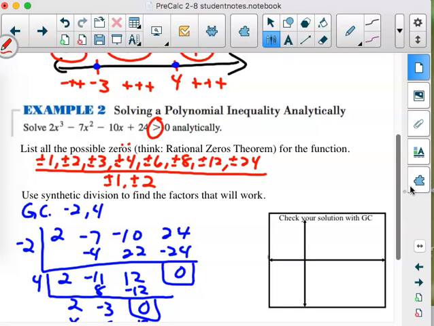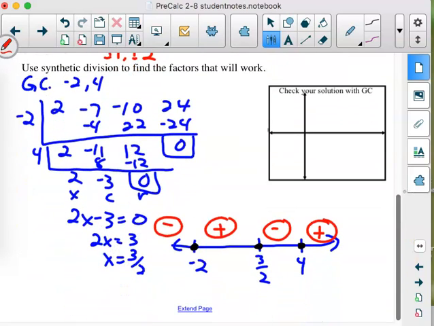Well, that's going to be wherever we had positives down here. So that will be from -2 to 3/2, in union with, where's my other positive there, from 4 to infinity.